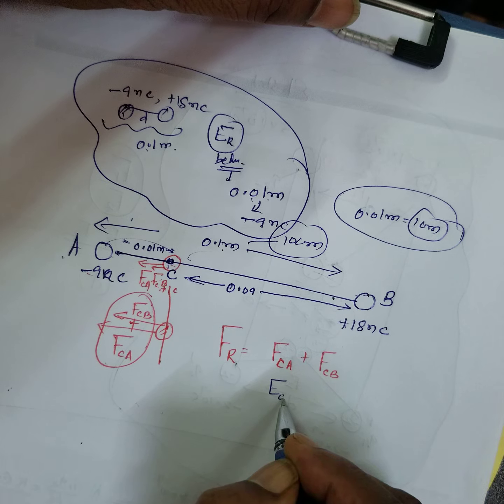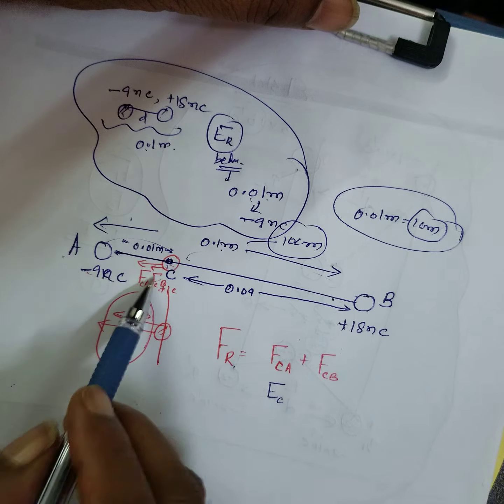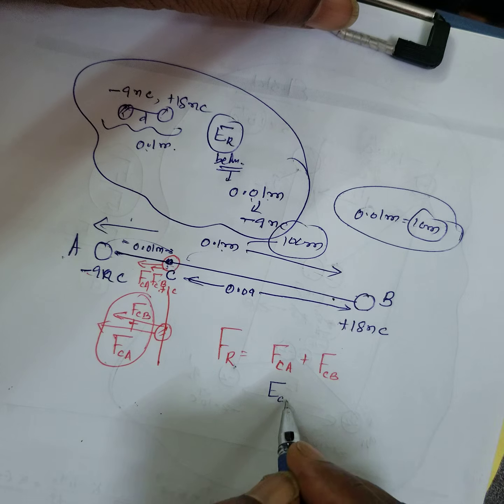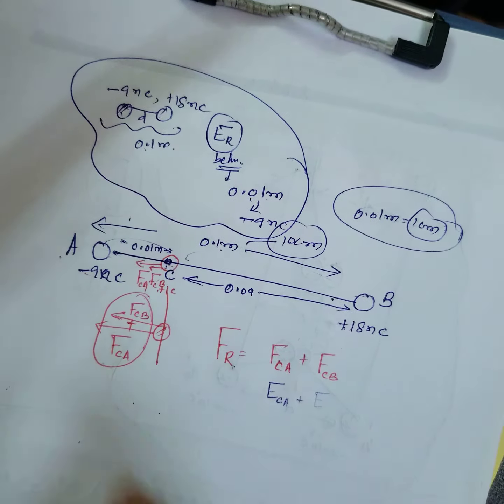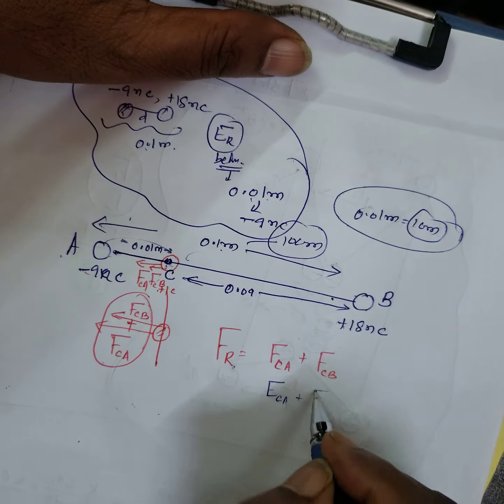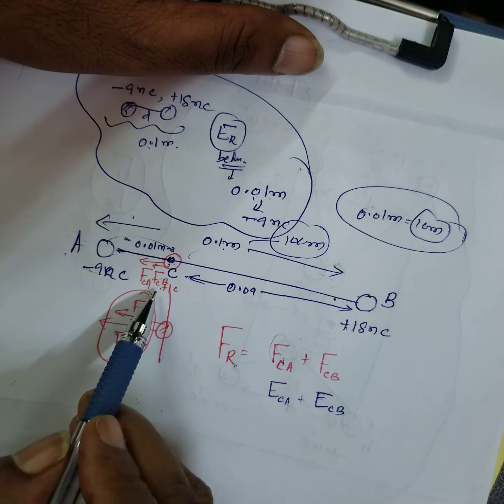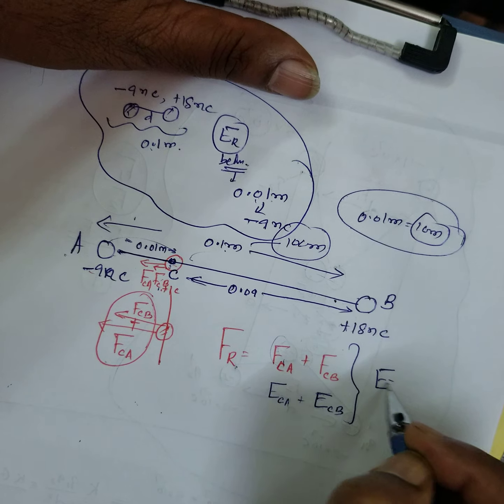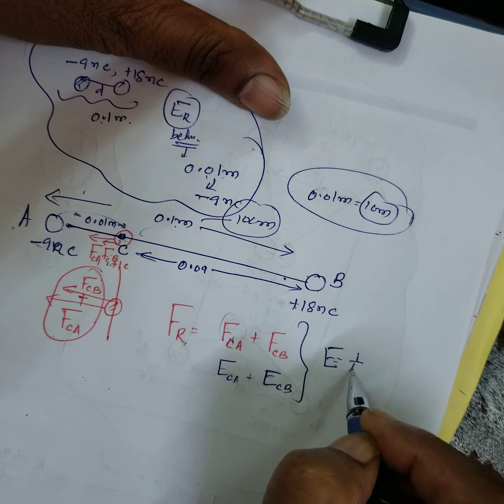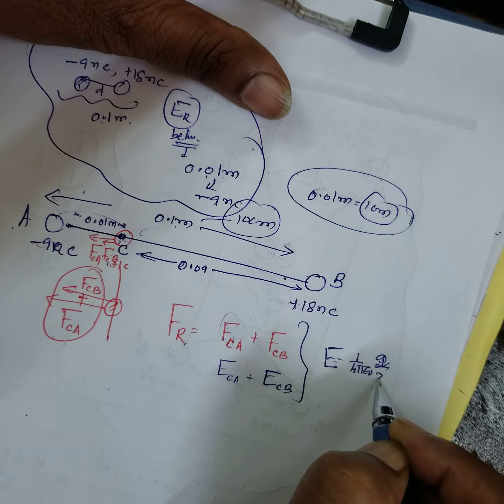What are they asking? They are asking for the resultant electric intensity only: electric intensity at C due to A plus electric intensity at C due to B, not force, because it is the force acting on a unit positive charge. The formula for electric intensity is 1 by 4 pi epsilon naught into charge by distance square.